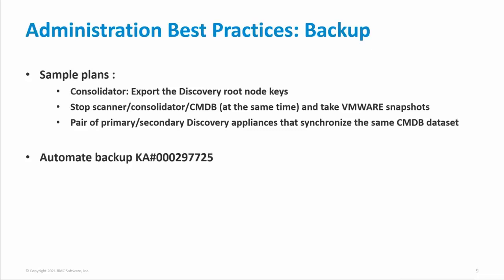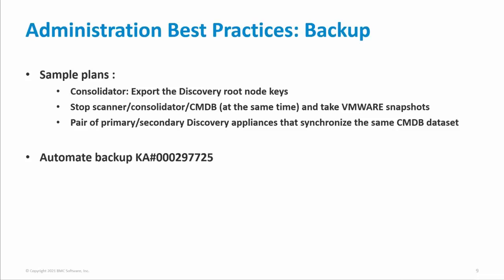It just consolidates the data from scanners. One of the options is to export the root node keys from time to time. Root node keys export gives a way to reinstall a consolidator, let the scanner rescan the same data, update the consolidator, and resynchronize the CMDB without causing other issues.